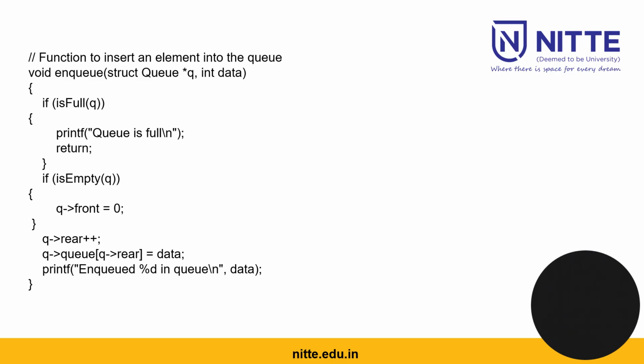Then it will check if the queue is empty. If so, it will make q->front 0 first. That means front has to point to the 0th location.